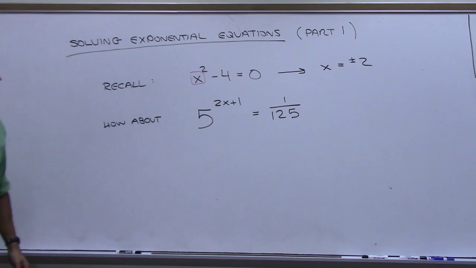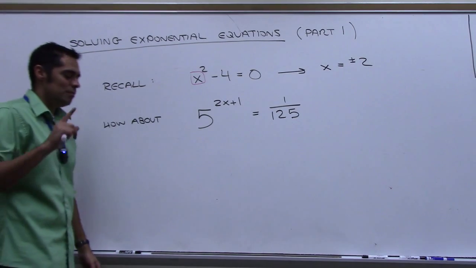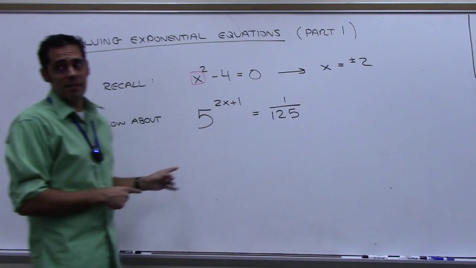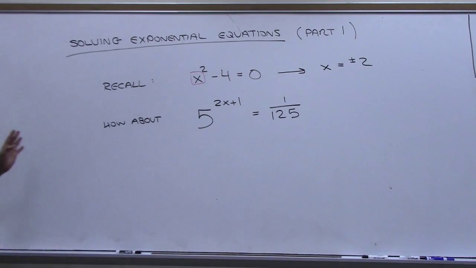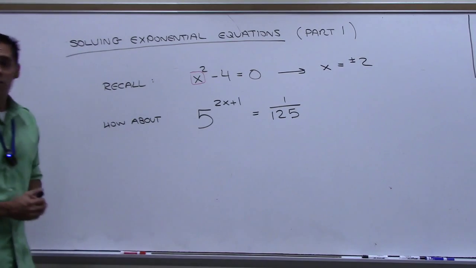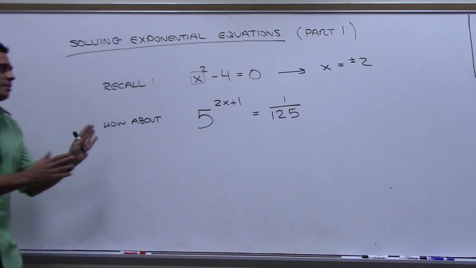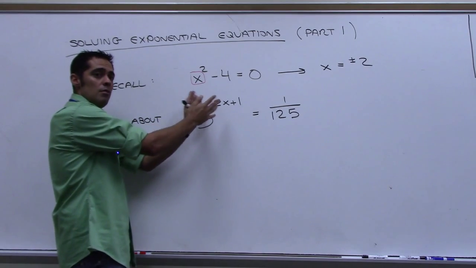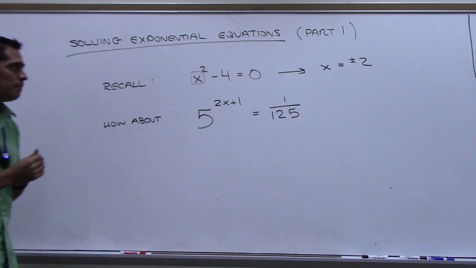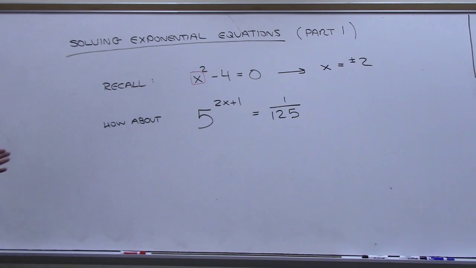Well, you can't. Remember there's part 1 and 2. You might be thinking of part 2, because part 2 makes it easy, but we're going to act like we don't know part 2 yet. So do you at least appreciate the fact that x is up in an exponent, and so getting it out of there would be kind of an issue?